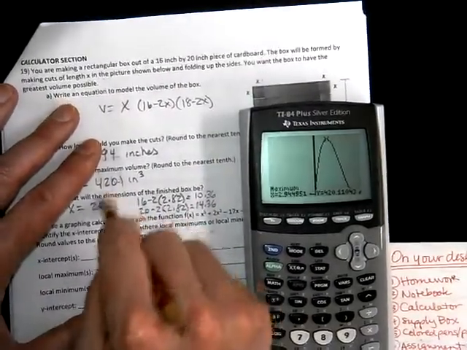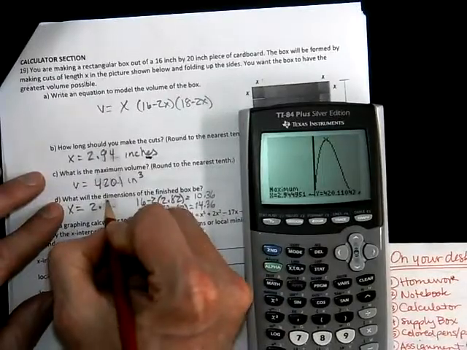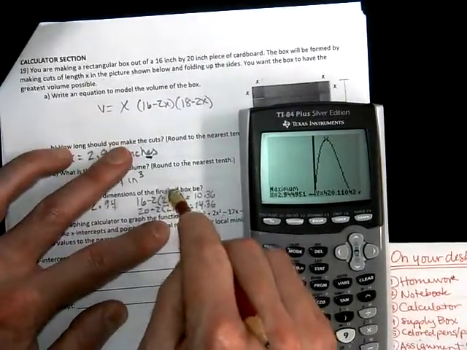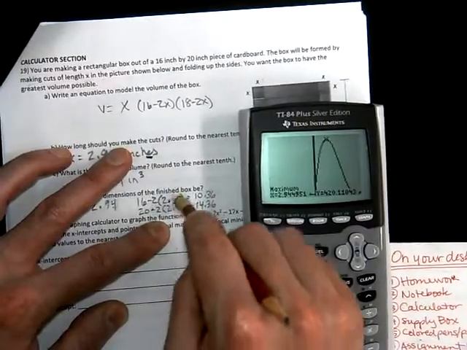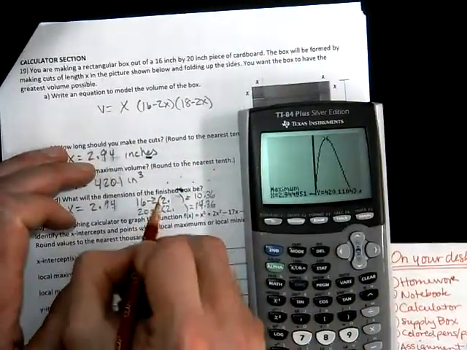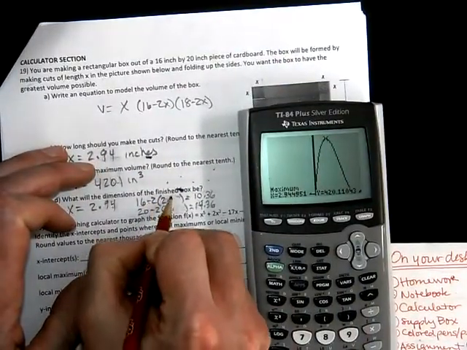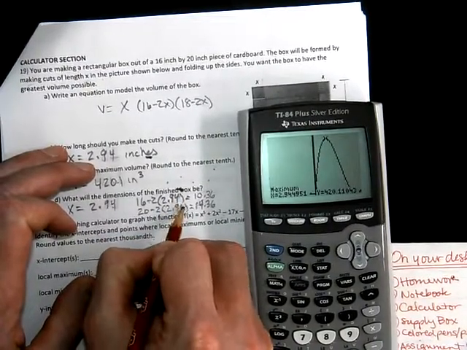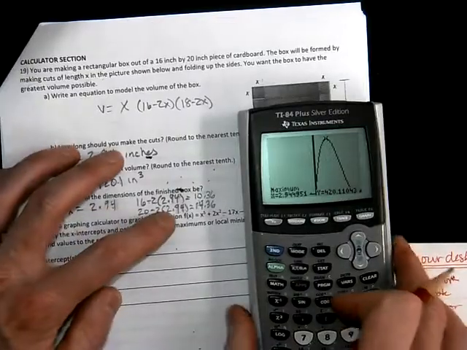So I have my dimension of 2.94, 16 minus 2 times 2.94, 20 minus 2 times 2.94.